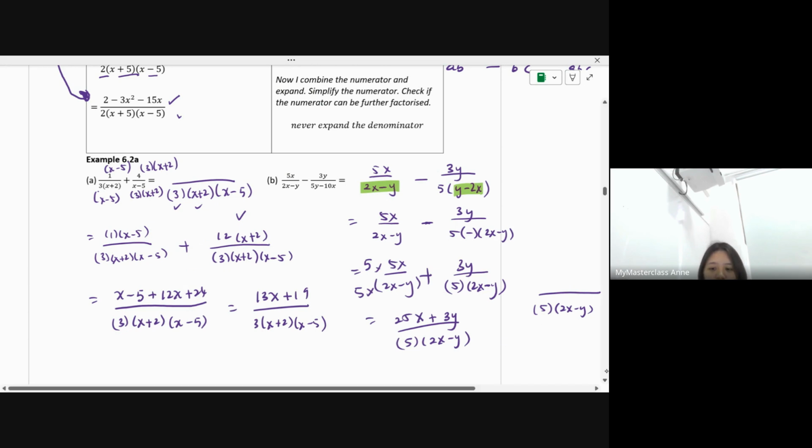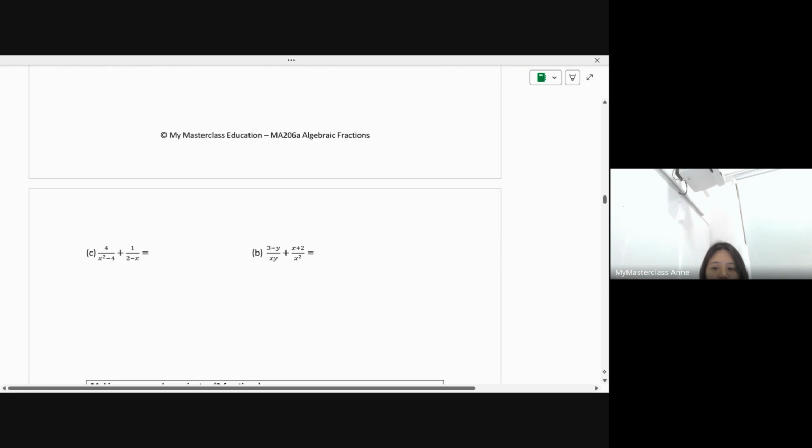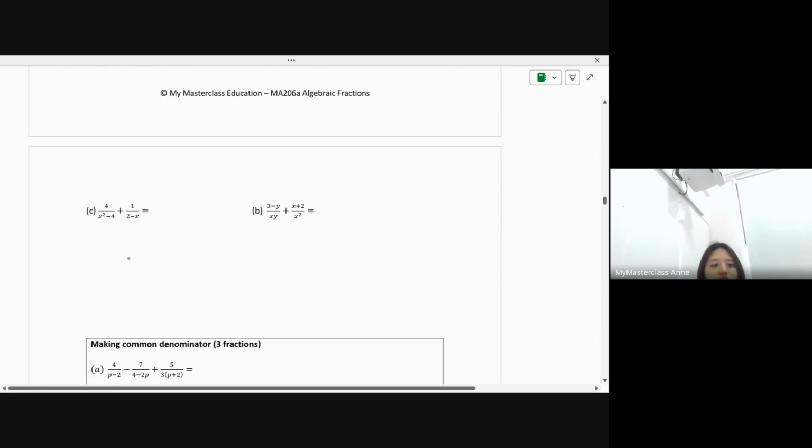Okay, now we move on. More questions here, same thing. The first step is for us to write down the factors. So x squared minus 4 again is a squared minus b squared, so write it as x plus 2 times x minus 2. We have 4 over x plus 2, x minus 2, plus 1 over 2 minus x.